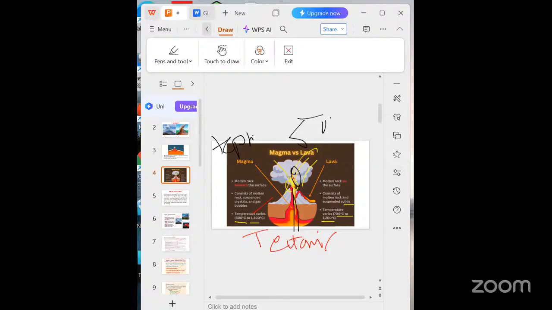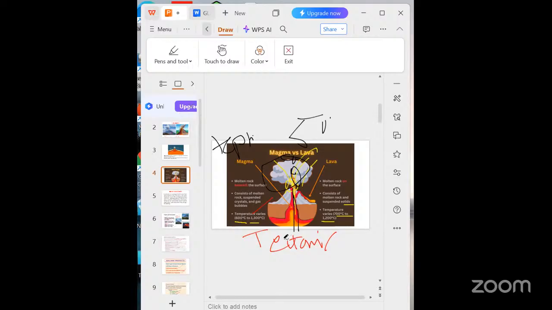So volcanic eruptions are accompanied by the release of some gases, and sometimes lethal gases.